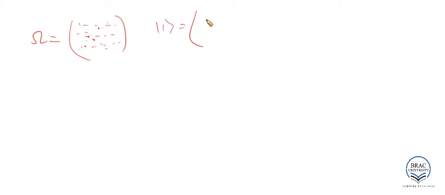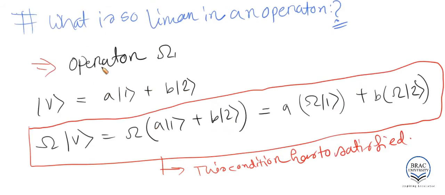Now let's take an example. Let's say this omega is represented with some matrix. I'm not writing down the elements explicitly, but this is a matrix and our vectors are some column vectors, right? Let's say that. If we do that, then you can easily see that this vector was a and b.